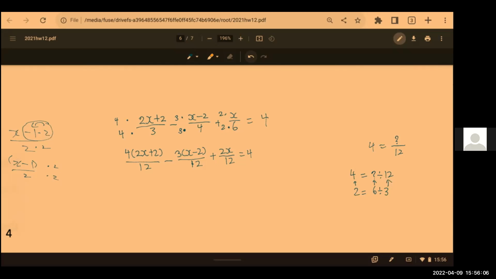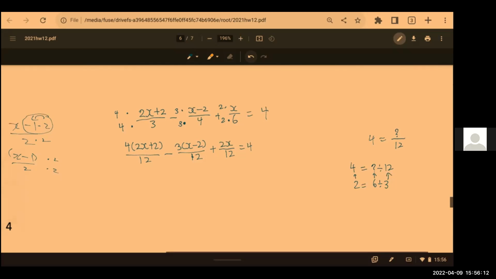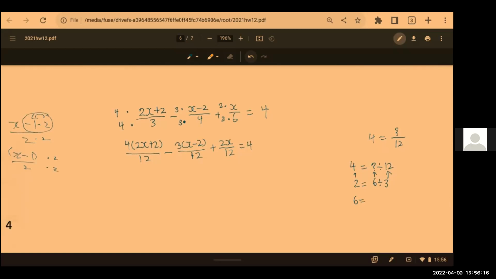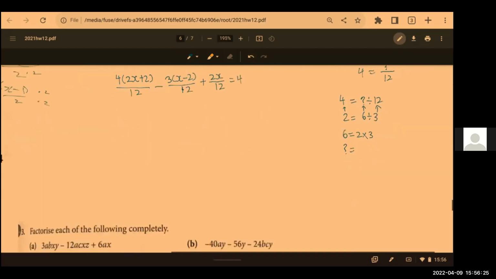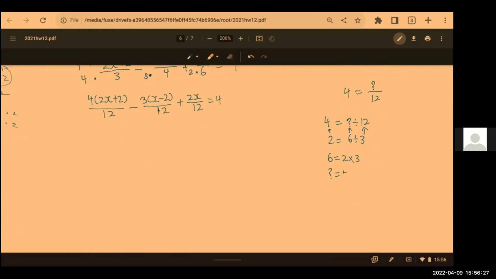Okay, continue. So the question mark is your 6. Okay. So how do you get 6? Write down how you get 6 first. So the question mark is... No need to zoom already. I think the space is good enough.